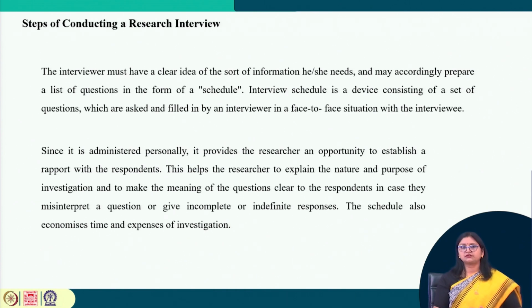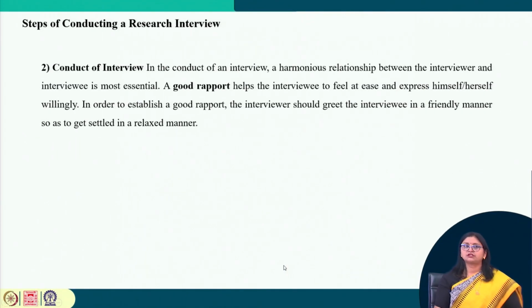Since it is administered personally, it provides the researcher an opportunity to establish a rapport with the respondents. This helps the researcher to explain the nature and purpose of the investigation and to make the meaning of the questions clearer to the respondents in case they misinterpret or do not understand the question or give an incomplete or indefinite response. So, the schedule also economizes time and expenses of the investigation.